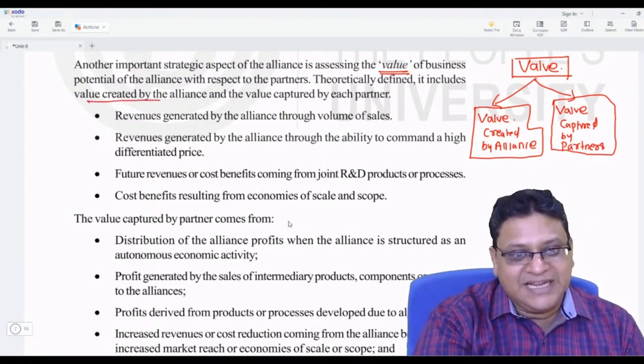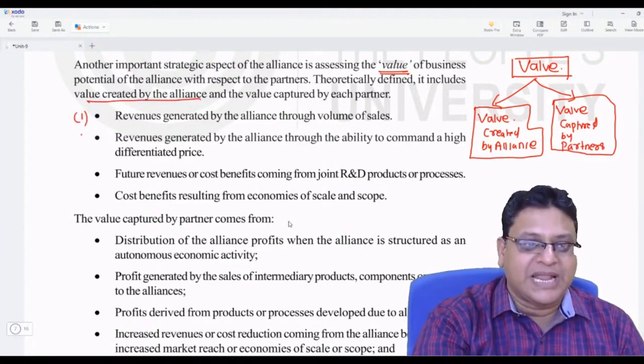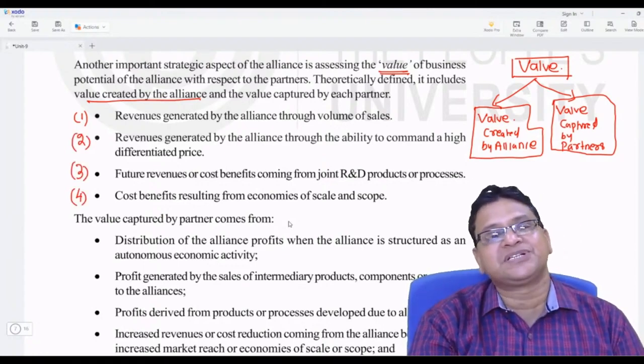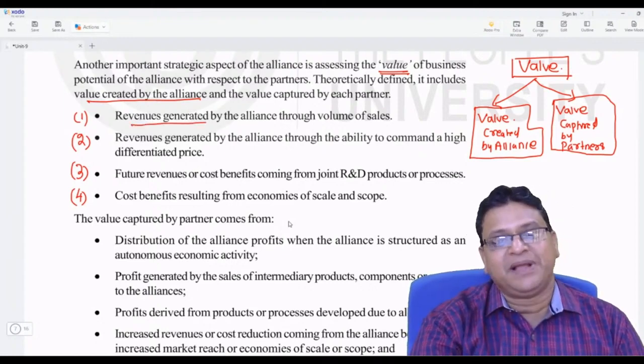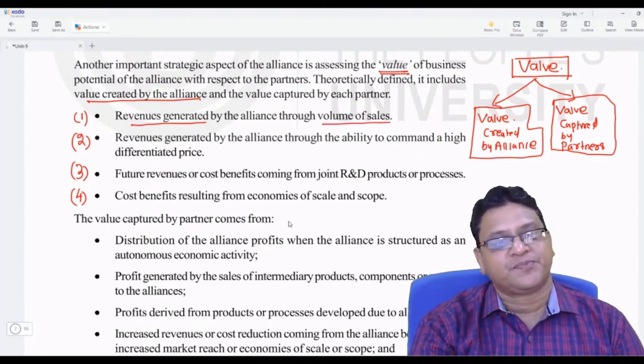The value created by alliance is of the following four types. First, value created by alliance. By doing an alliance, what value is created? First one is revenue may be generated by alliance by increasing volume of sales.